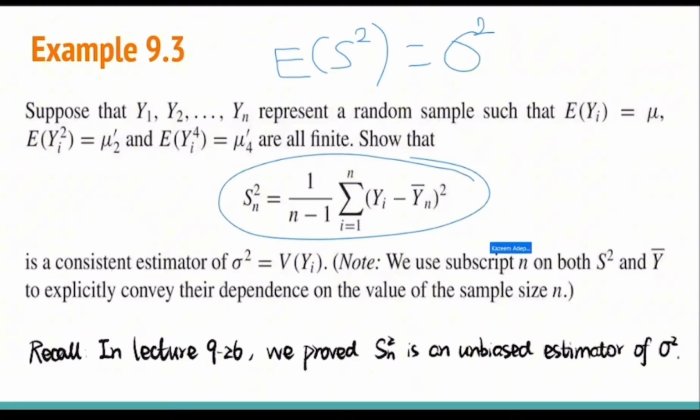Since the sample variance is an unbiased estimator, it becomes necessary to investigate its consistency. To investigate the consistency of the sample variance, what I'm going to do is derive an expression for the variance of the sample variance.